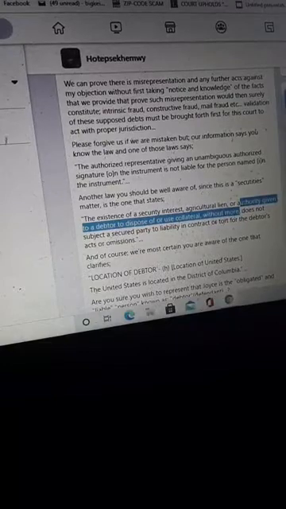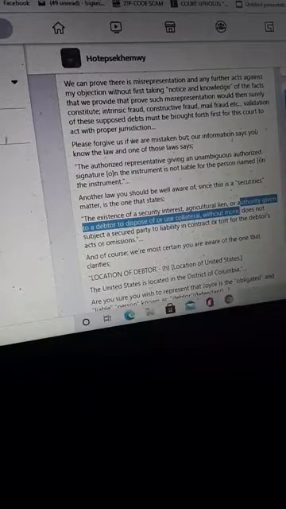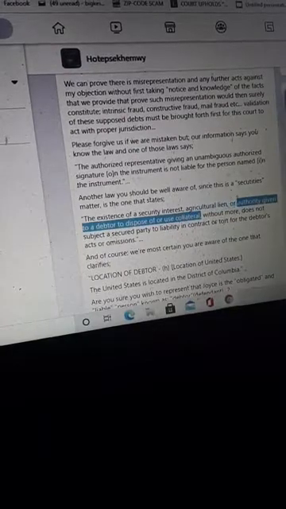The authority that is giving a debtor to dispose or use collateral without more. The only collateral their authority can grant is zero.